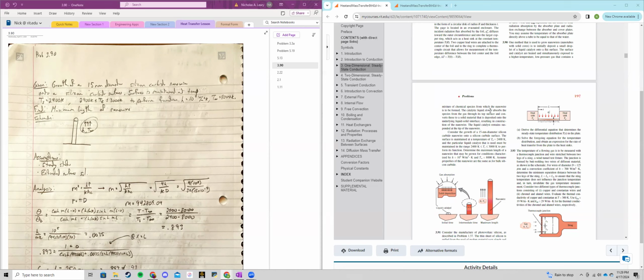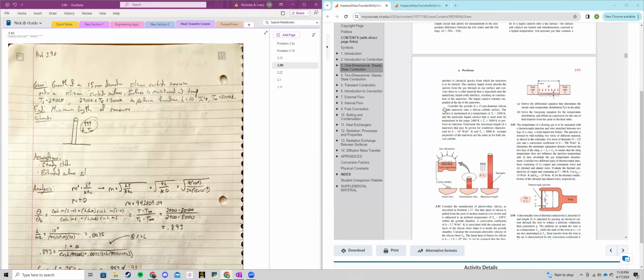The catalytic liquid slowly absorbs the species from the gas through its top surface and converts that into a solid material, which is deposited onto the underlying liquid-solid interface, resulting in construction of the nanowire. The liquid catalyst remains suspended at the tip of the nanowire.